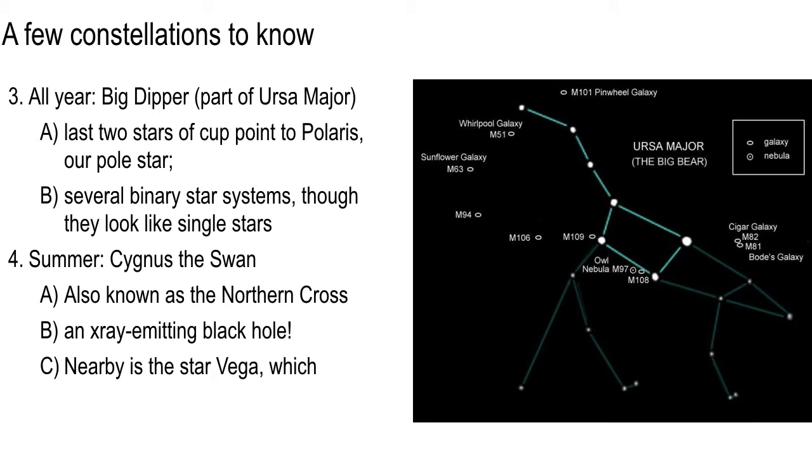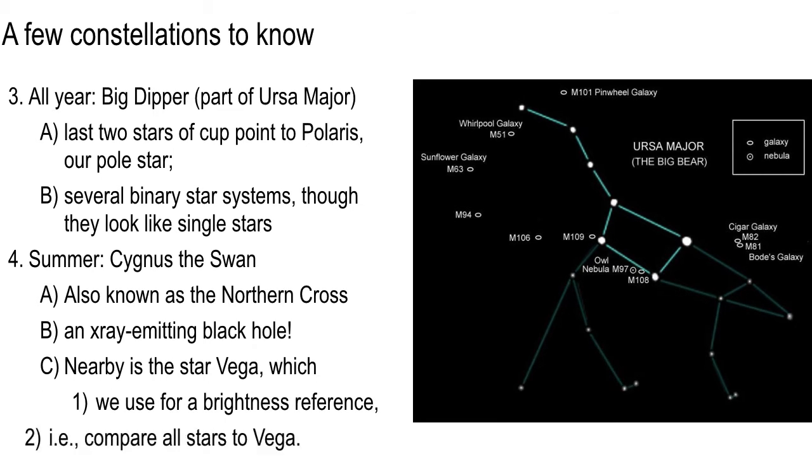Also in Cygnus is Vega, and if you've ever seen that movie Contact with Jodie Foster, where she goes to some alien planet and sees her dad, who is like an alien from another planet. It's kind of hokey, that part, but some of the astronomy part is kind of cool, and that's about the star Vega.